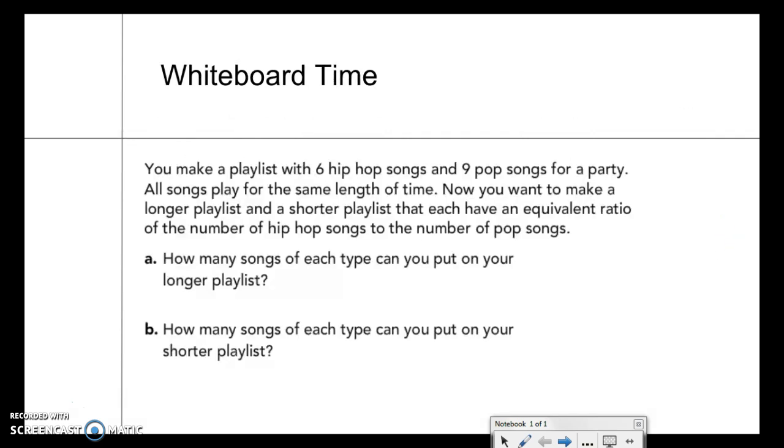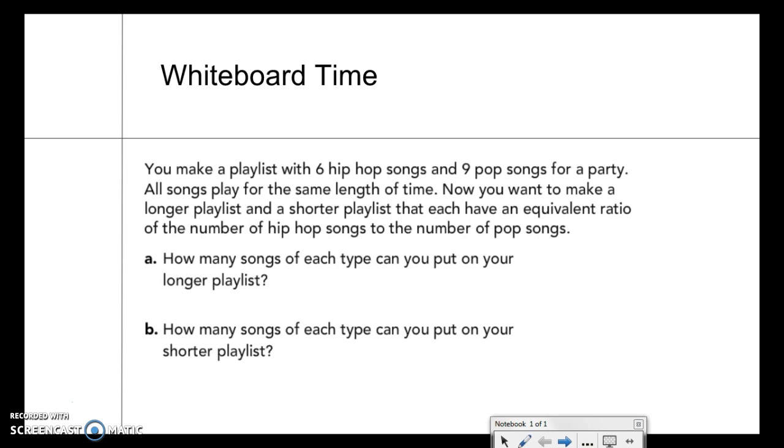All right, now I have whiteboard time. If you don't have a whiteboard on you, just use a marker on your desk. If you were to make a playlist with 6 hip-hop songs and 9 pop songs, all songs play for the same length of time, so they're all probably like 3 minutes, 20 seconds or something like that.